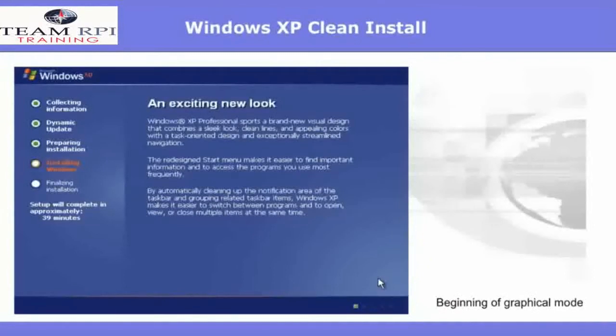The beginning of the graphical mode looks something like this. You see, we've completed the collection of information, any dynamic updating that needed to happen, and we are now preparing for the rest of the installation of Windows.